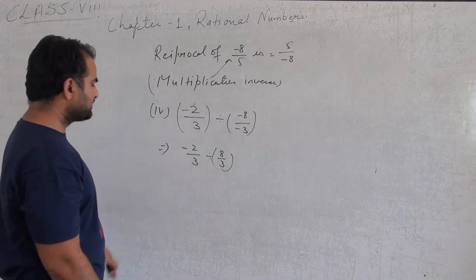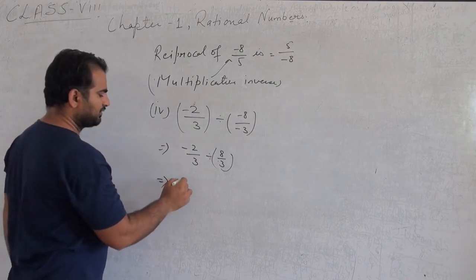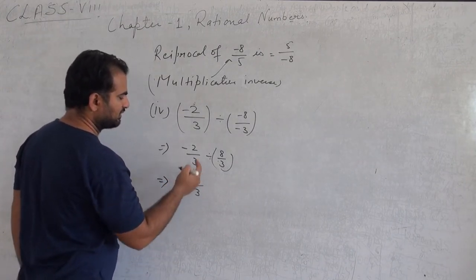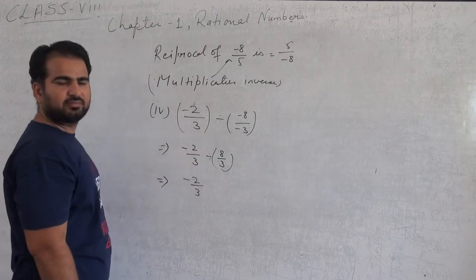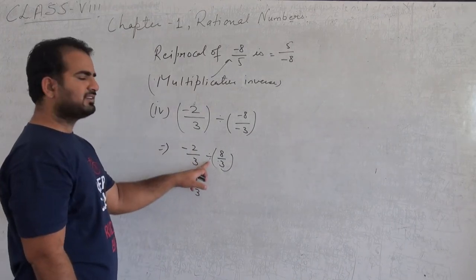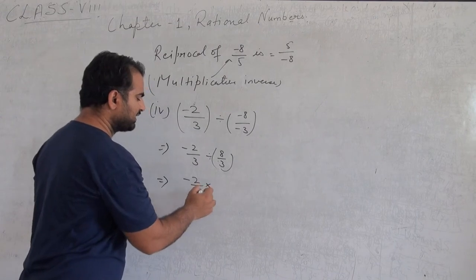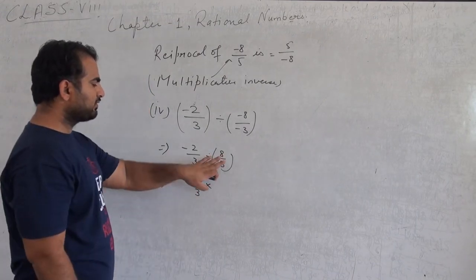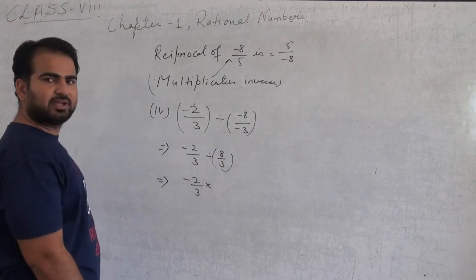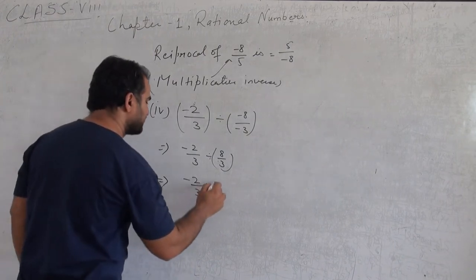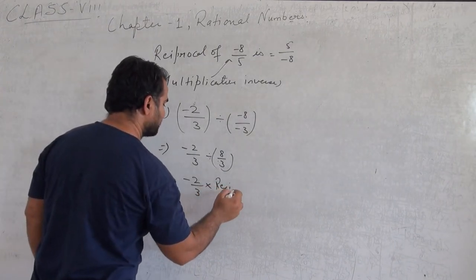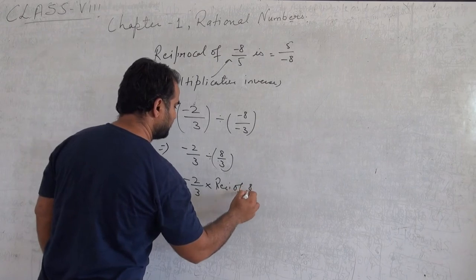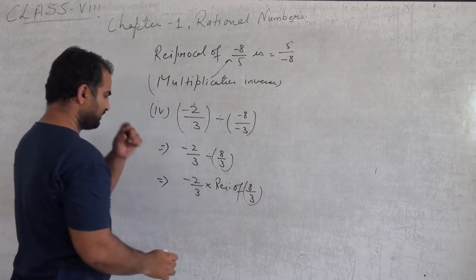Okay. Now next, the first rational number will remain the same. Next, this divide sign will be changed into multiply, and we just write the reciprocal of 8 by 3. Okay.